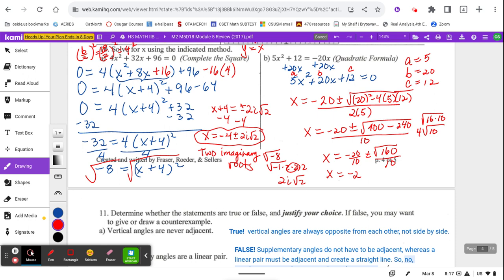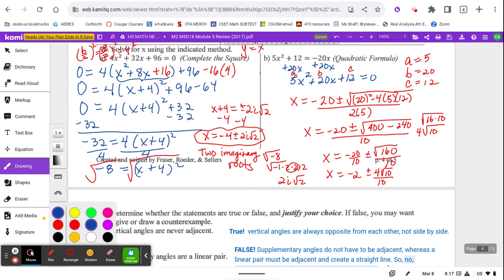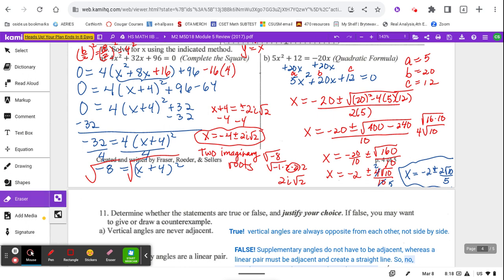And so if we turn this into 4 root 10 over 10, the 4 and the 10 can reduce down to 2 over 5. So that's like saying 2 goes into 10 5 times, and 2 goes into 4 2 times. And here's my final answer. So this is known as an irrational answer because the root 10 is in there. So I've got two irrational roots.